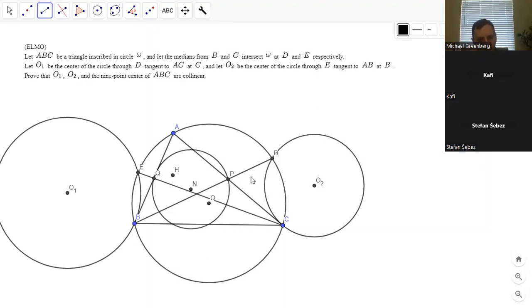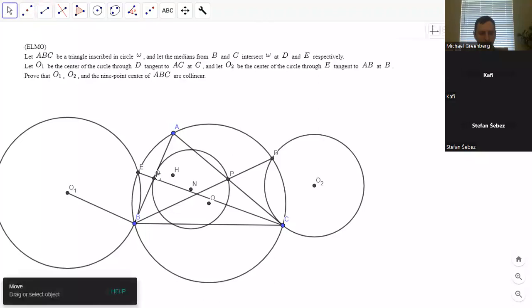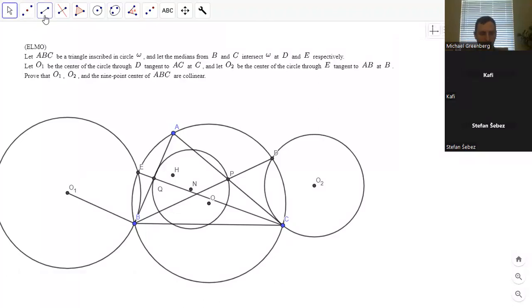So we want to show it's like a parallelogram with H and O. So O1B is perpendicular to AB, and so is the altitude from C. So that gives us some parallel lines to work with.